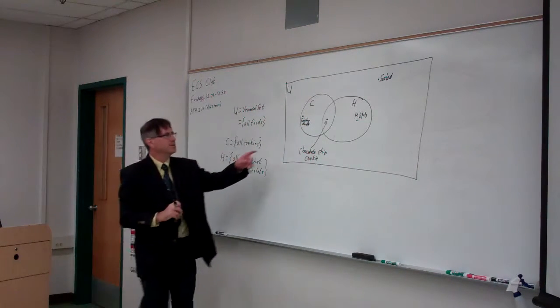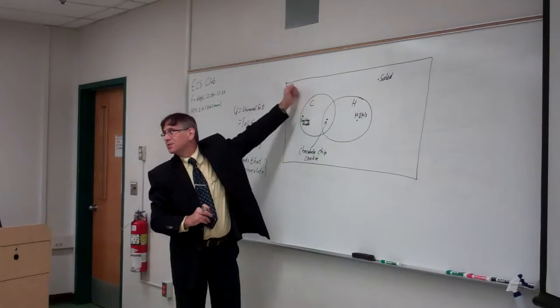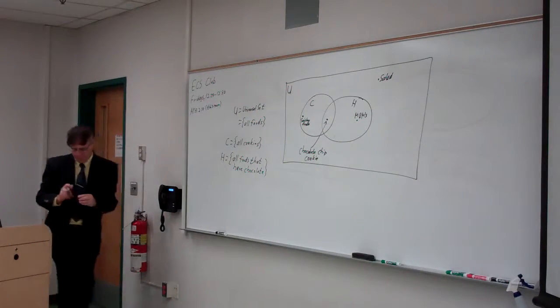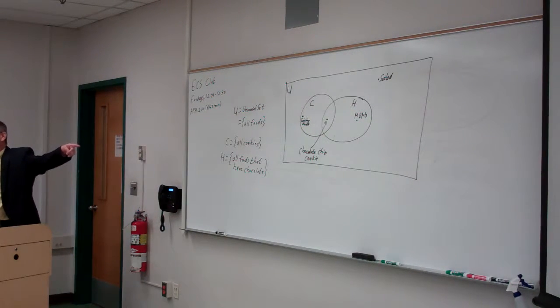And it's both a cookie and a food with chocolate, and it's a food that you can eat. So as we start talking about subsets, intersections of sets, unions of sets, complements of sets, we'll come back to Venn diagrams as a visual way of describing some of these things that we're going to describe mathematically.